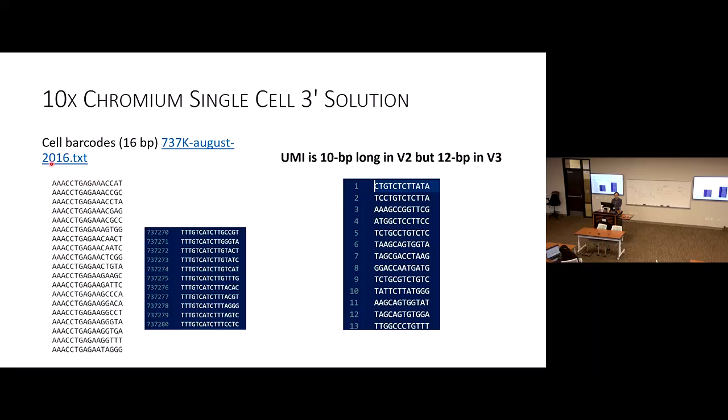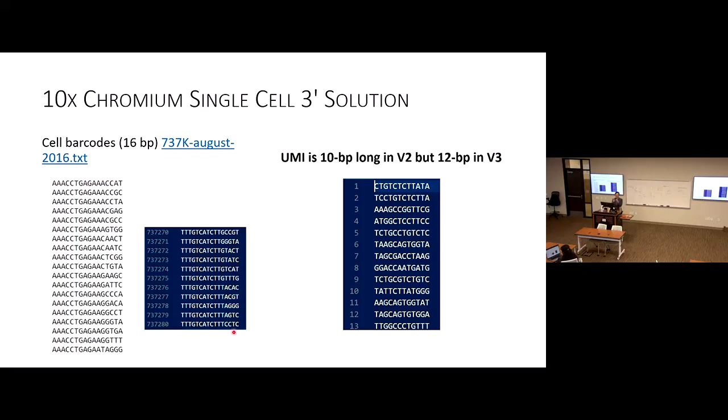The 2016 original version had a 16 base pair barcode, which is covered on each bead. If you open this file, you can see the barcodes, from the first one, AACC, until 737,000 at the end.